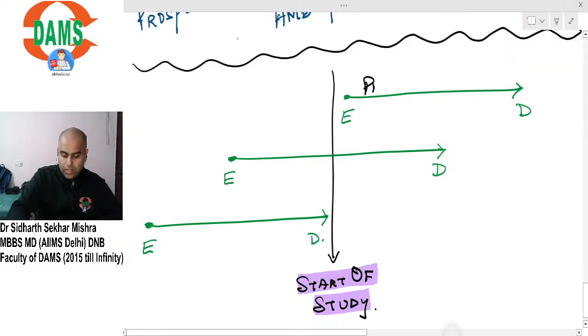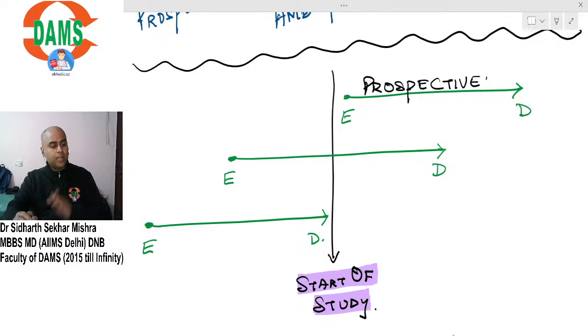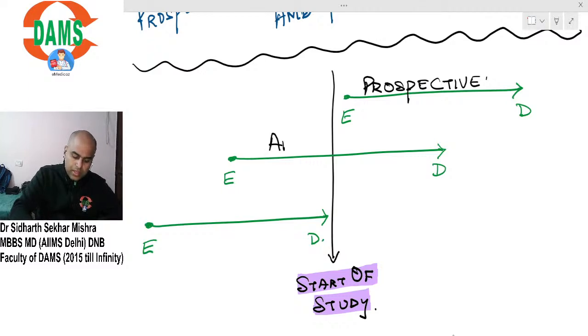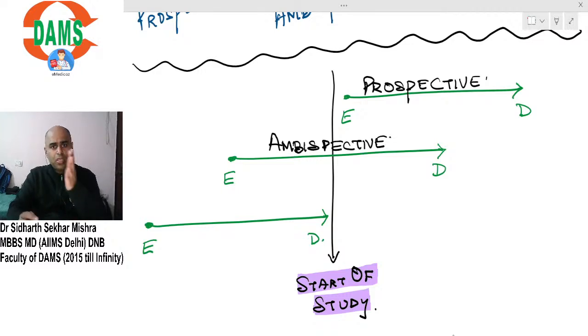The first is called a prospective cohort. So what is a prospective cohort? At the start, we do not have exposure, we do not have disease. First, there will be start of study, then we will have exposure and then disease. This is an ambispective cohort, where the exposure is there before the start of study and the disease occurs after the start of study.